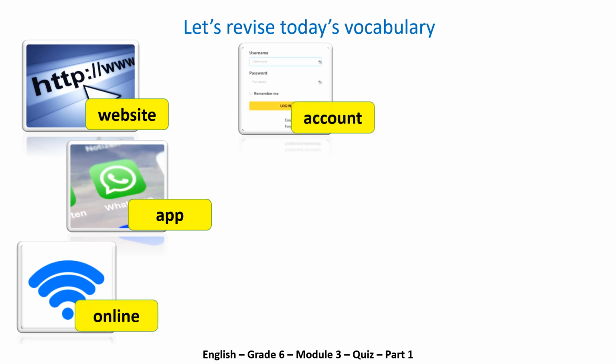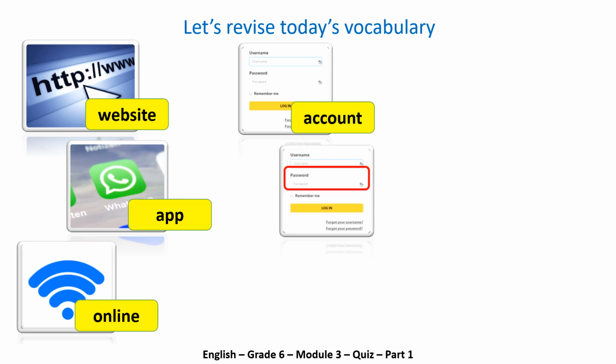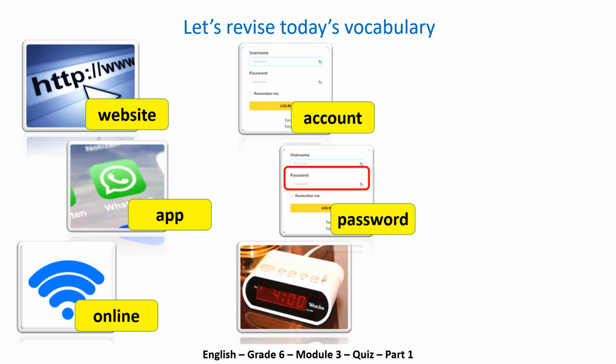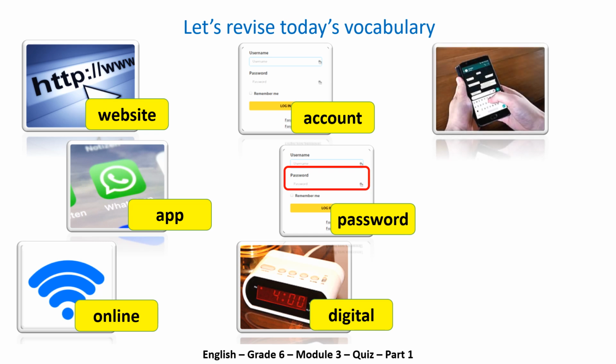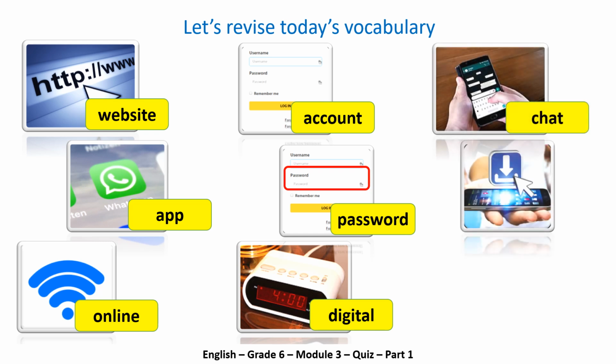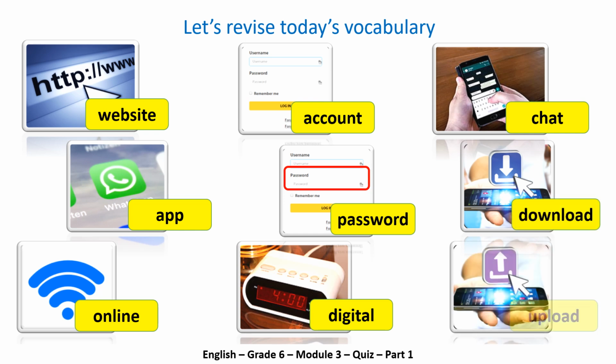What's that? Thank you, it's an account. And this one represents a password. This one, thank you, digital. Number 7, chat. Well done. Number 8, download. And the last one, upload. Thank you.